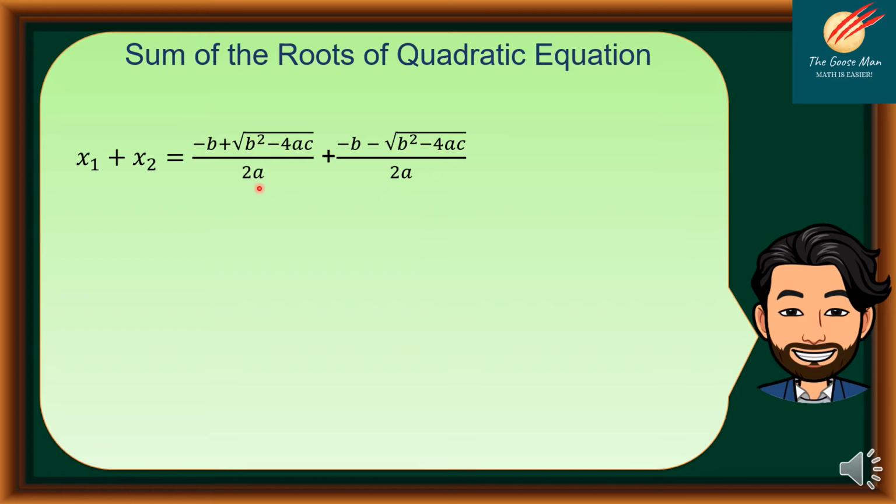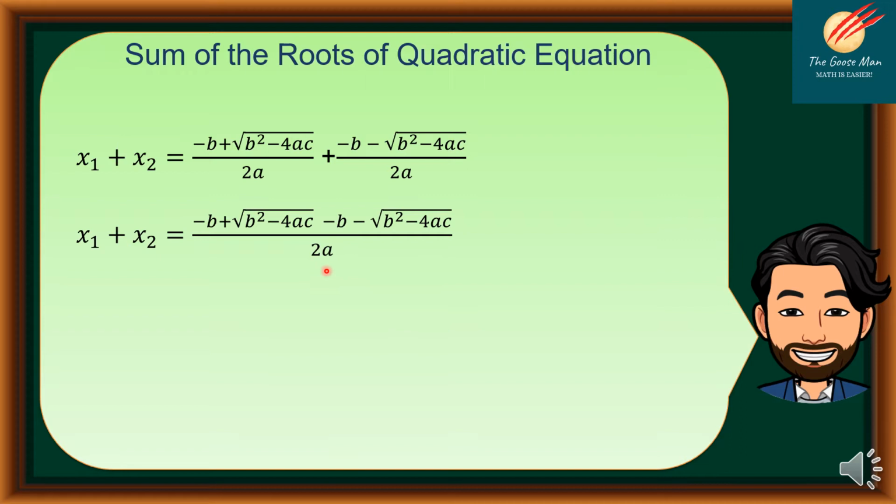Since we have the same denominator, 2a, we combine the numerators. So I have negative b plus square root of b squared minus 4ac. Since this is plus, I'll distribute that.